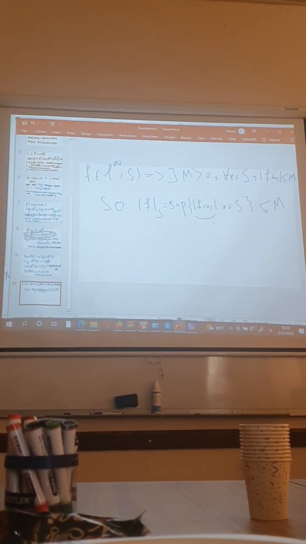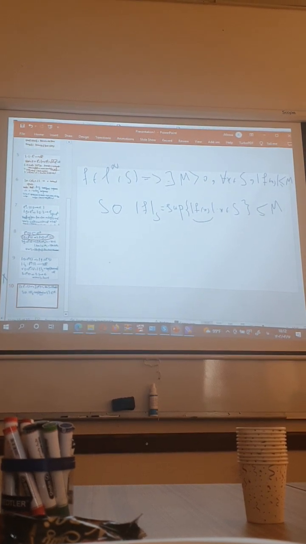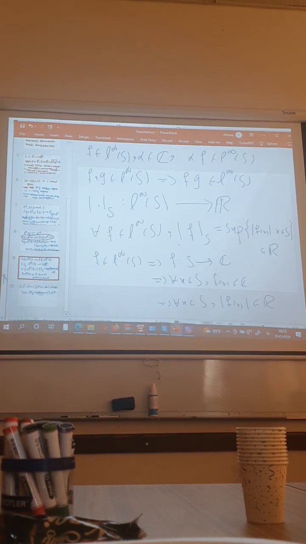This is a real number, okay? Yes. So I say this is a norm function from L infinity to R. Any norm of f is a real number.